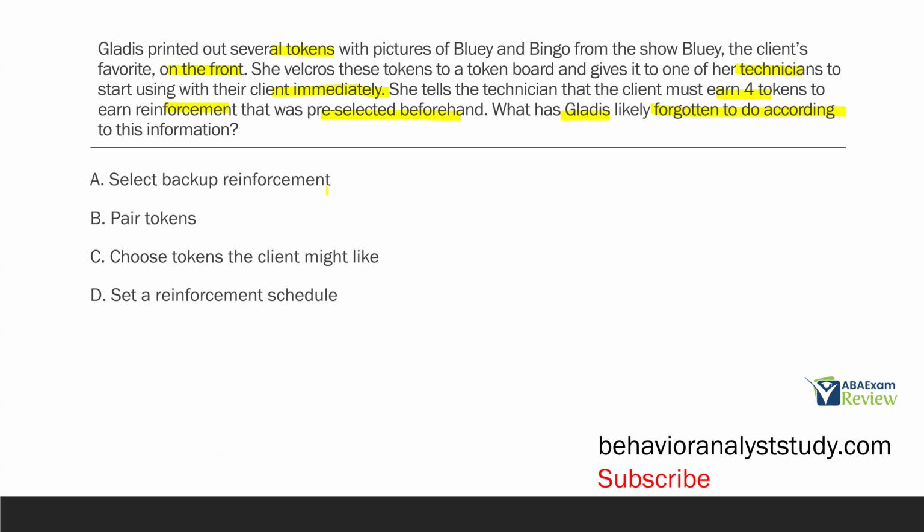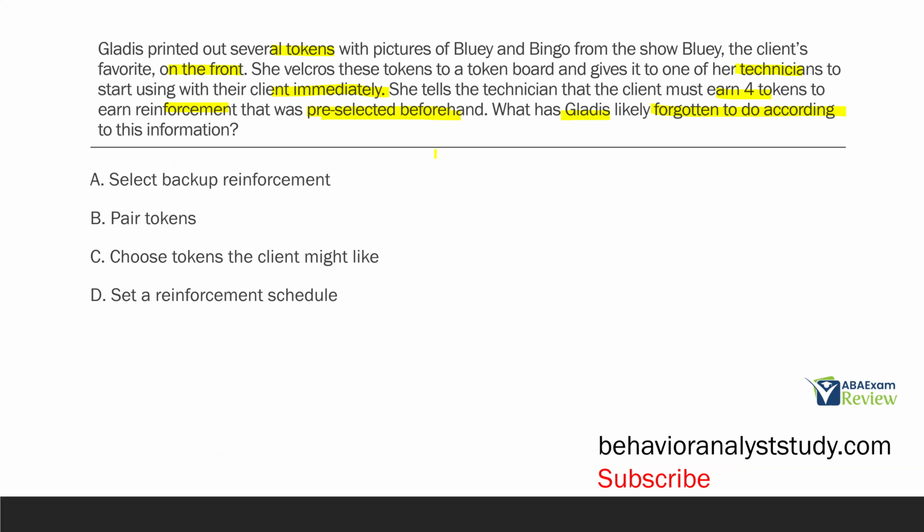A, select backup reinforcement. Well, in the question, it says the client will earn pre-selected reinforcement. So backup reinforcers have already been chosen, because those reinforcers were selected before the start of the economy. So A is fine. What about B, pair tokens?